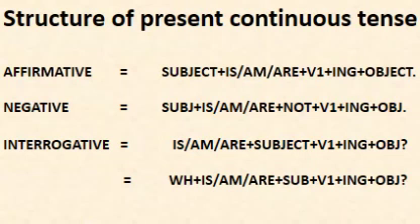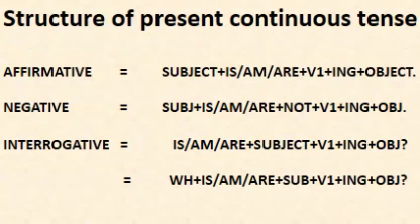There are basically three types of sentences: affirmative, negative, interrogative. Affirmative means positive sentences. Negative means when we say no in the sentence. Interrogative, if the sentence is asking a question.